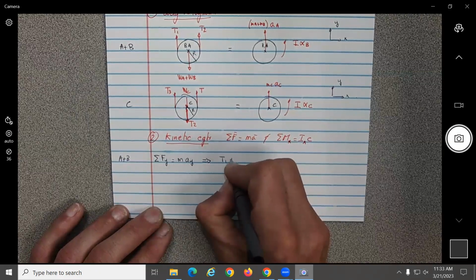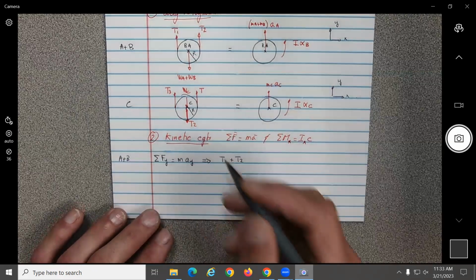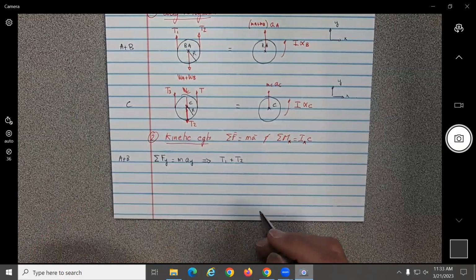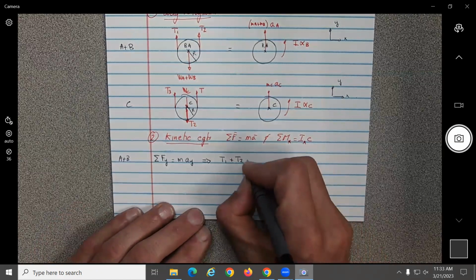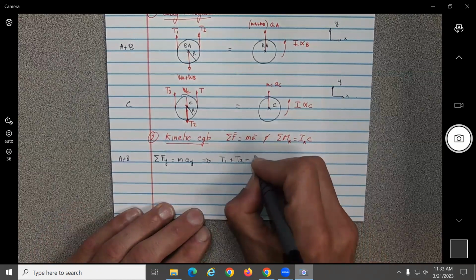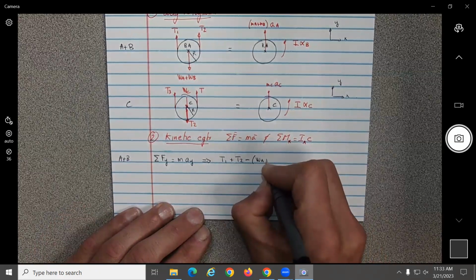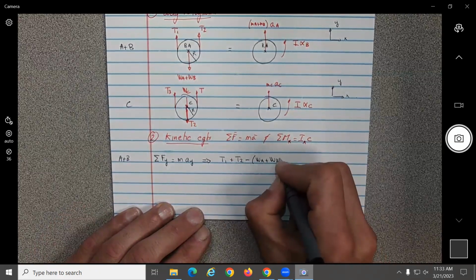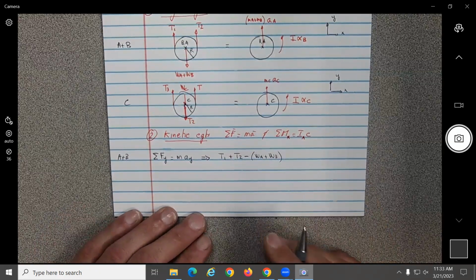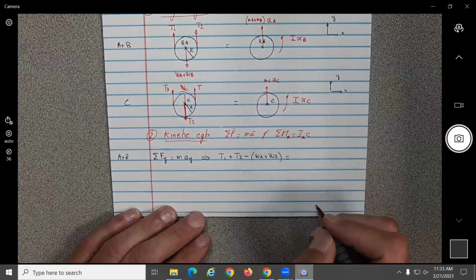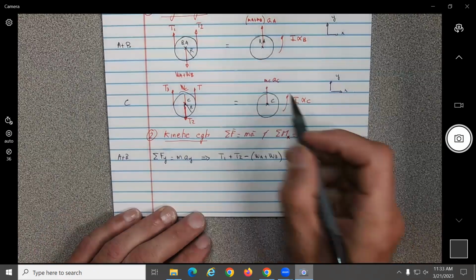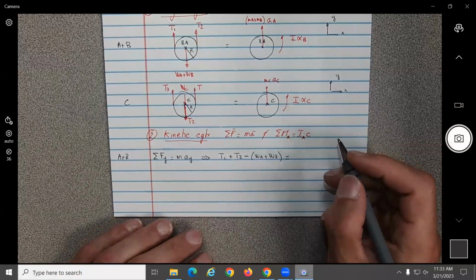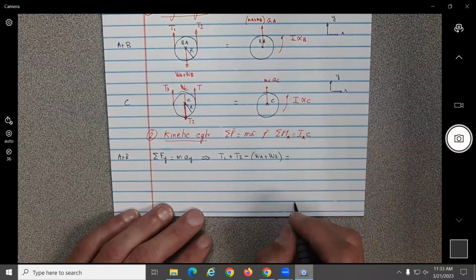T1 plus T2, everything from the figure, minus WA plus WB. I wrote it under this form, but you can put minus if you want. And this should be equal to what? I look at the right side, so you want to use M. M will be equal to what?